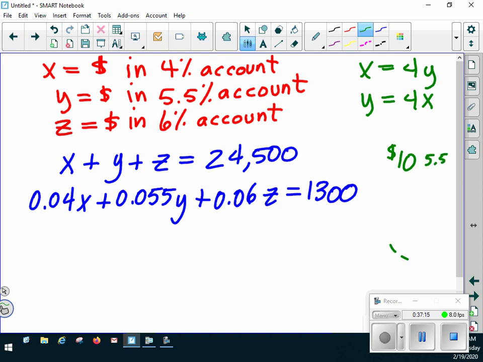Then $40 would be in the 4% account, right? 4, that's the x. 5.5% is the y. So x equals 4y. I'll get them backwards if I don't do this, and some of you will too.